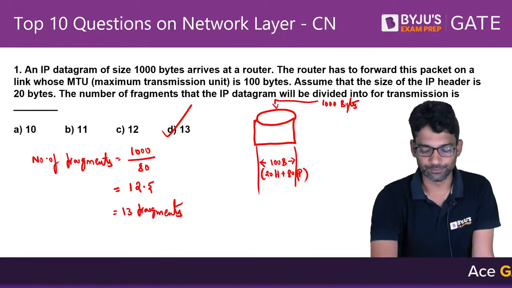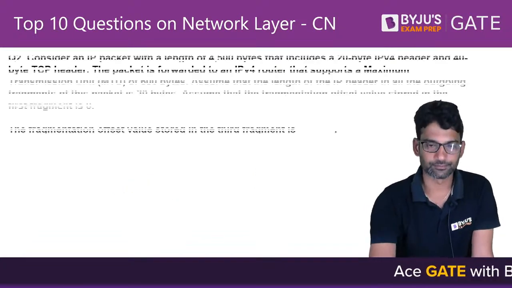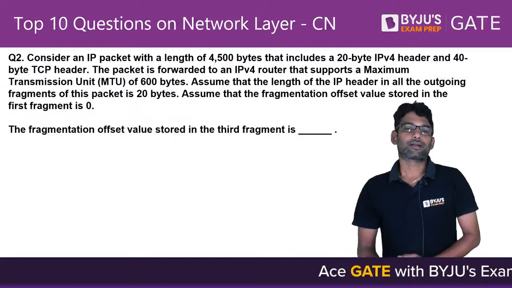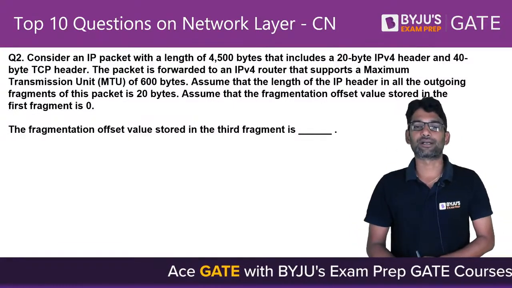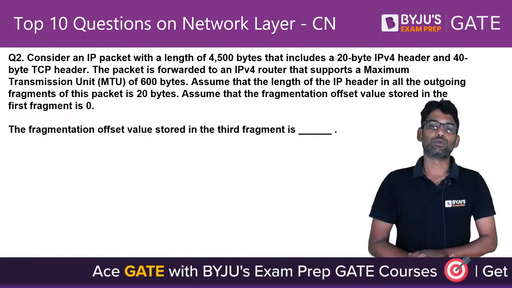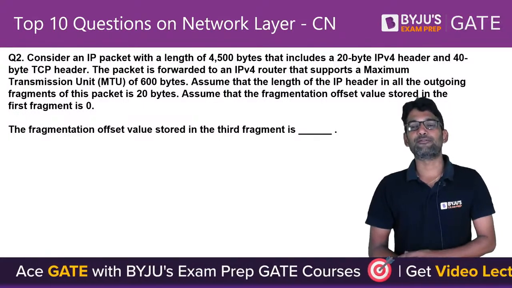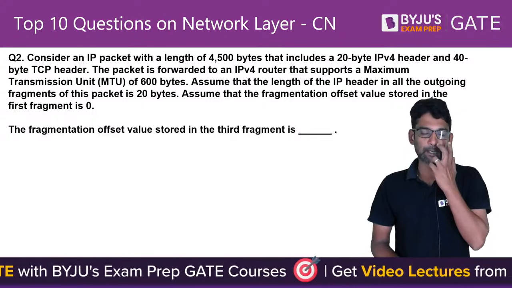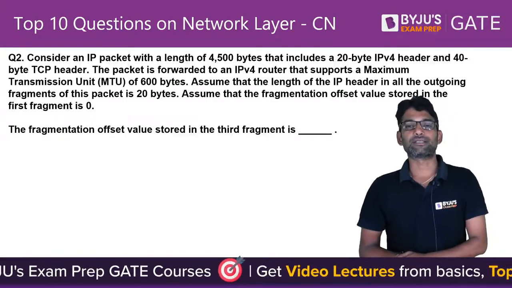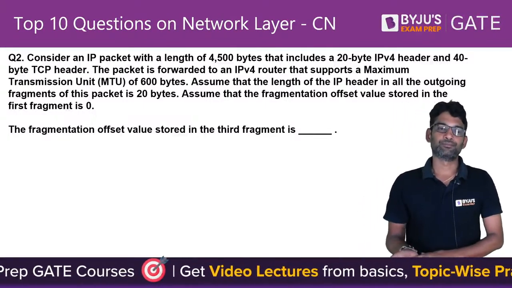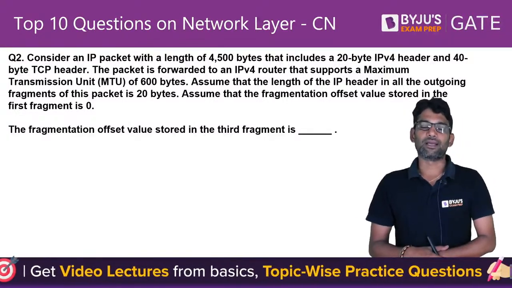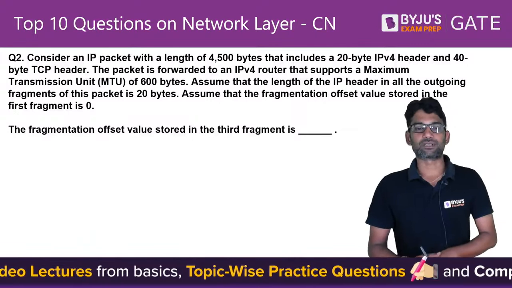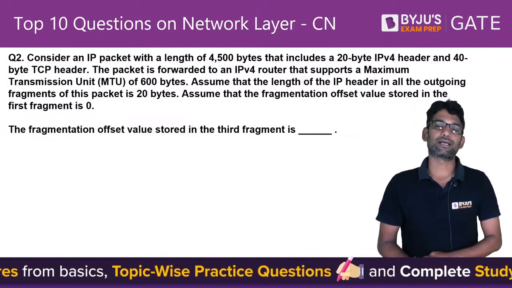Question number 2. Consider an IP packet with a length of 4500 bytes that includes 20 byte IPv4 header and 40 byte TCP header. The packet is forwarded to an IPv4 router that supports MTU of 600 bytes.